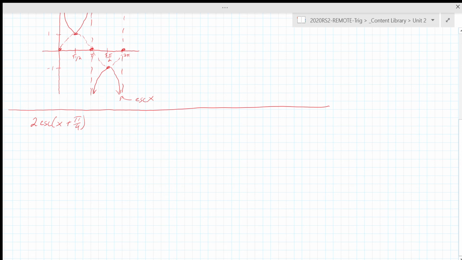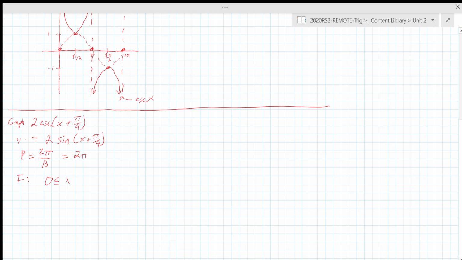So again, when you're graphing cosecant, really what you do is you start by graphing sine. So instead we're going to start by graphing y equals 2 sine of x plus pi quarters. All right, 2 pi over b is just 2 pi.